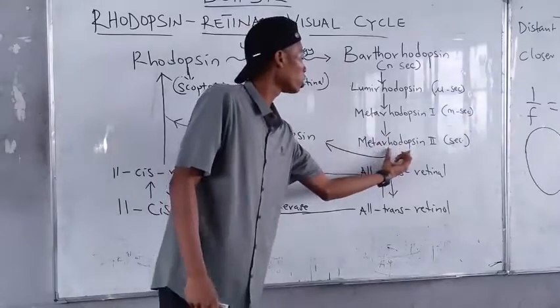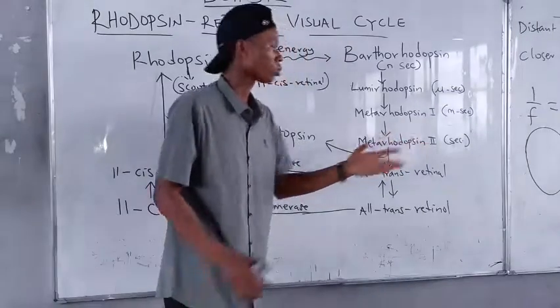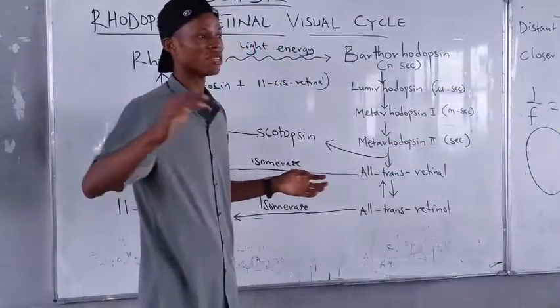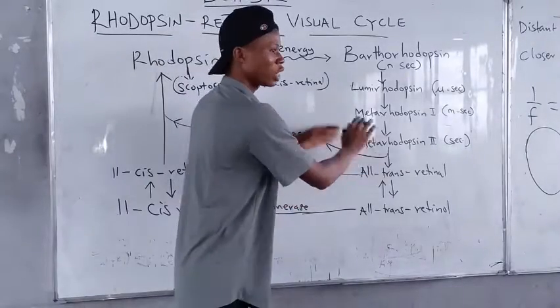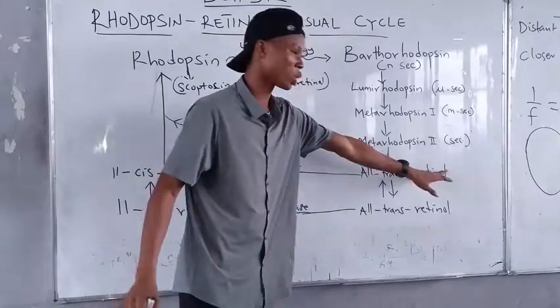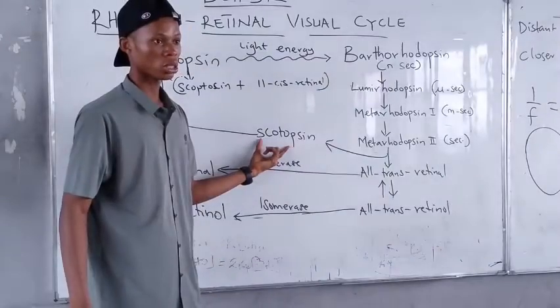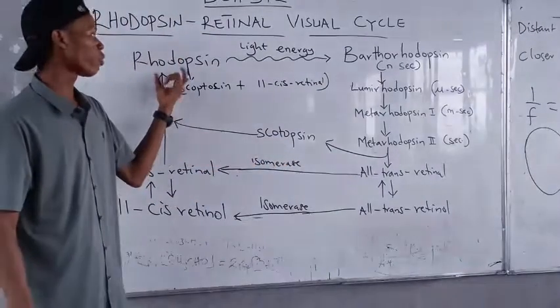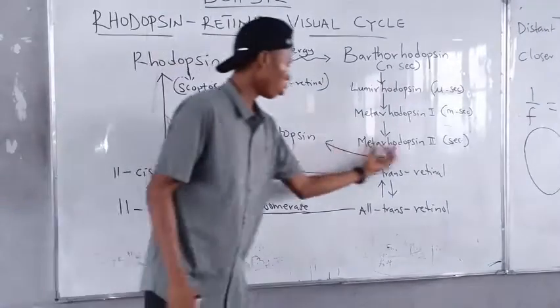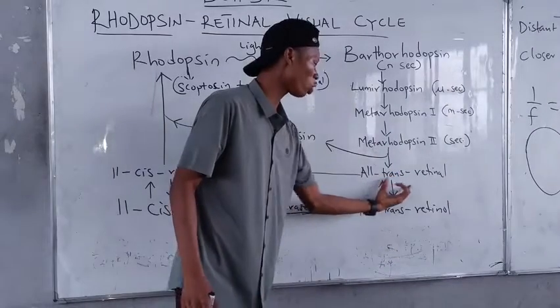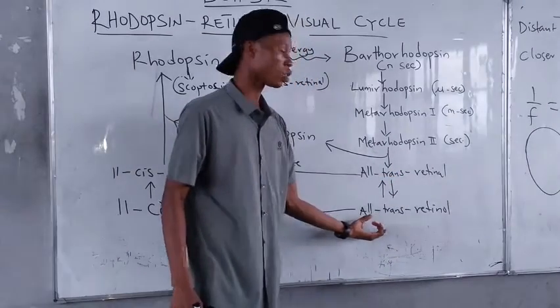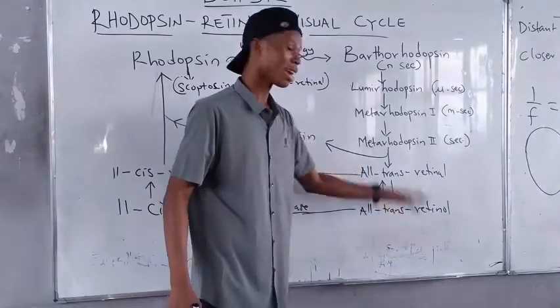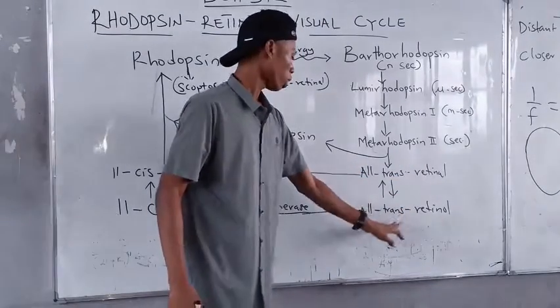But this metarhodopsin 2, which is also called activated rhodopsin, can dissociate finally now to our all-trans-retinal and our opsin. This opsin can be used to reform rhodopsin, and the all-trans-retinal can be converted to all-trans-retinol. They can be converted, actually.